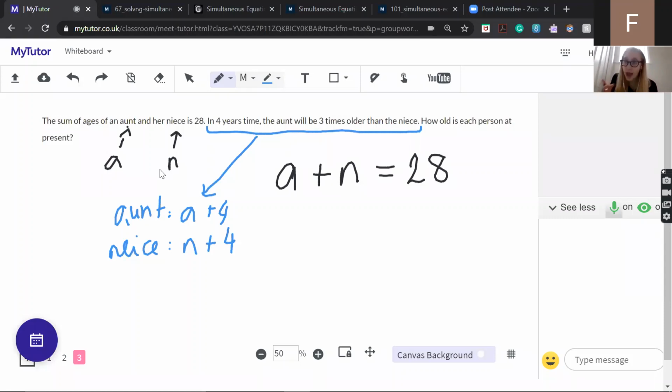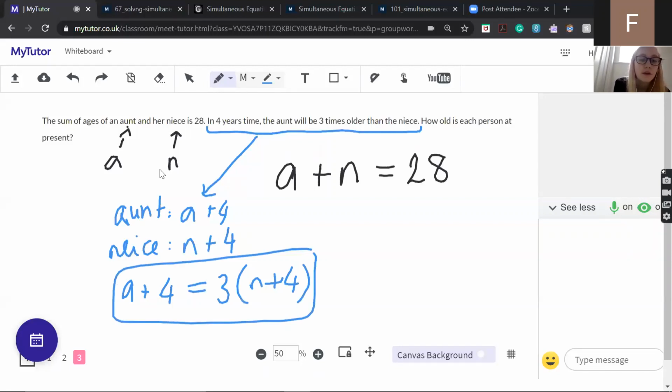We're just adding 4 years to both ages. Then the aunt is 3 times older than the niece, so the aunt's age in 4 years' time is 3 times the niece's age in 4 years' time. Hopefully that makes sense. I know that it's quite confusing forming that equation.